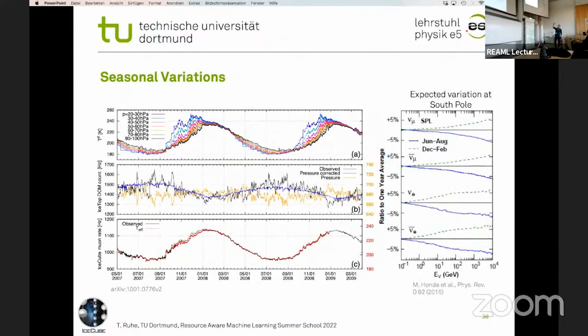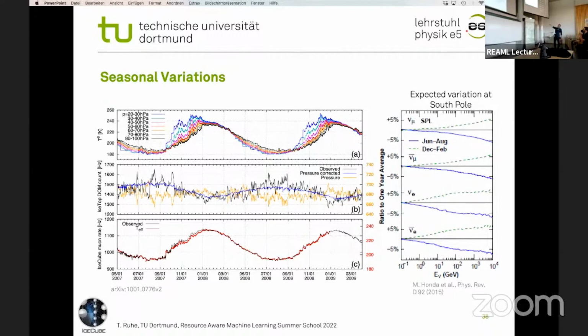And we also see differences in the rate of atmospheric, I think this is muons, atmospheric muons. And as such, we would also expect this for atmospheric neutrinos. This has to do with the temperature of the Earth atmosphere. And when the temperature changes, the density of the medium changes, and the physics of the interaction somewhat changes. And this is just from 2007 to 2009.